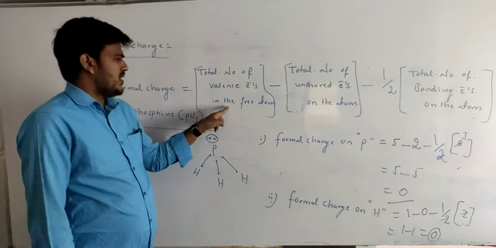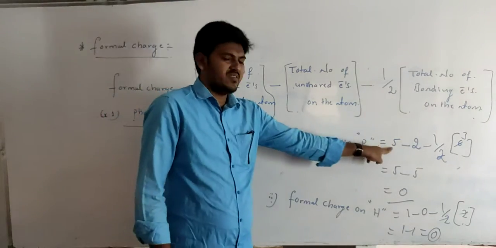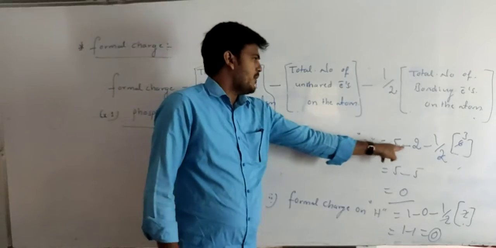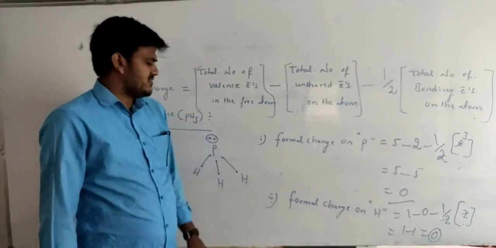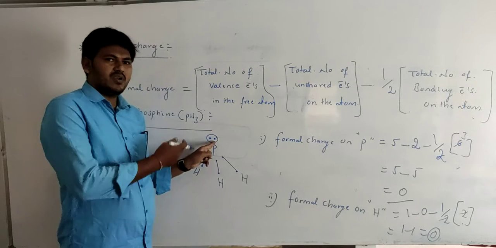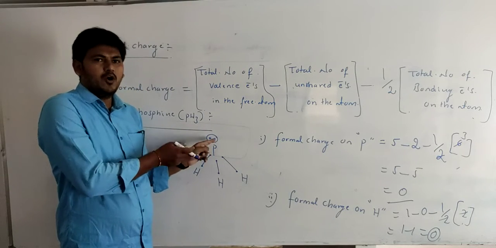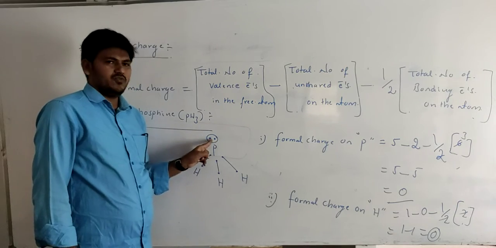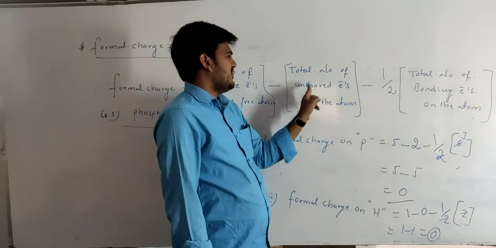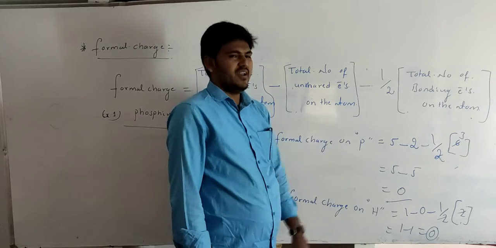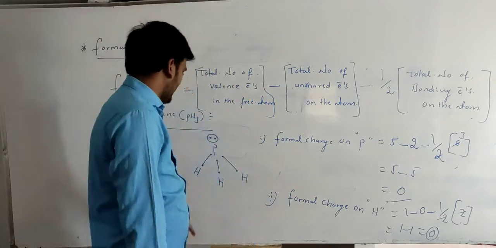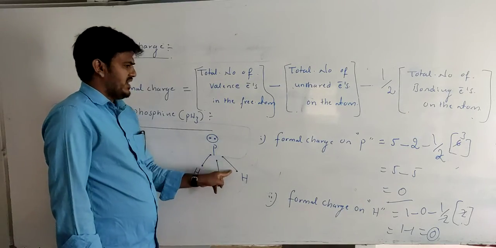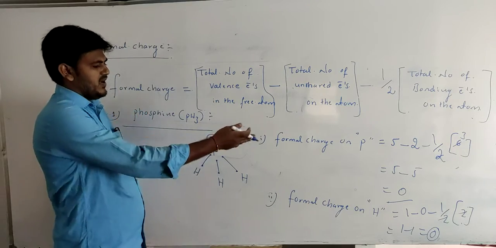Phosphorus is a fifth group element, 5 electrons, minus the total number of unshared electrons. Unshared means non-bonding electrons, so non-bonding electrons are 2. Lone pair 1, unshared electrons 2. So 5 minus 2, minus half into bonding electrons 1, 2, 3, 4, 5, 6. Half into 6 is 3, so 5 minus 5 is 0.